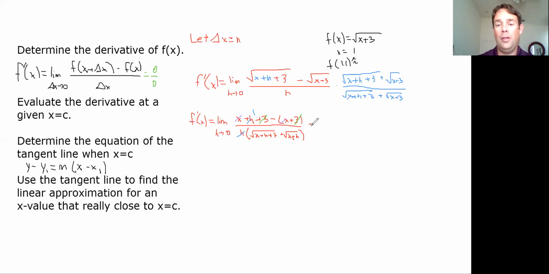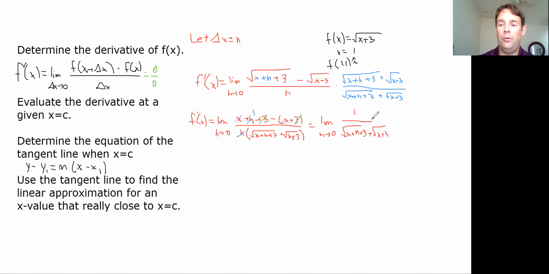I'm going to be ending up with the limit of 1 over root x plus h plus 3 plus... I'm sure you guys probably saw that little typo there, plus root x plus 3.